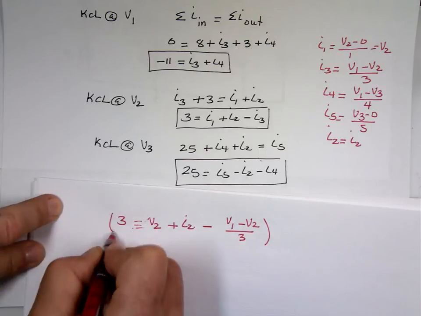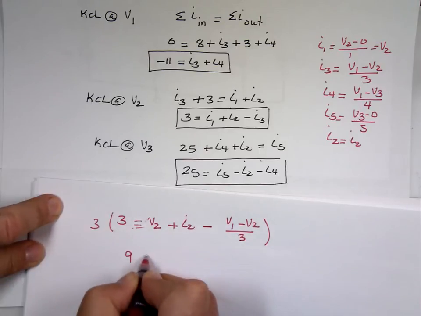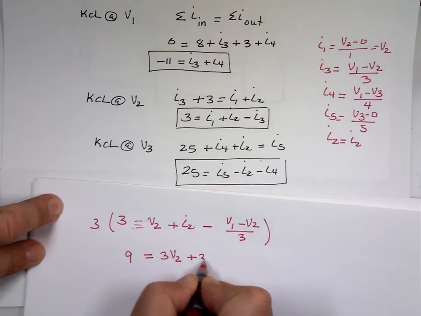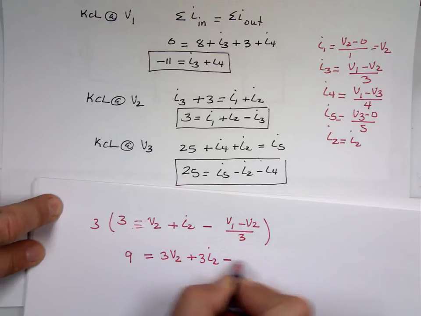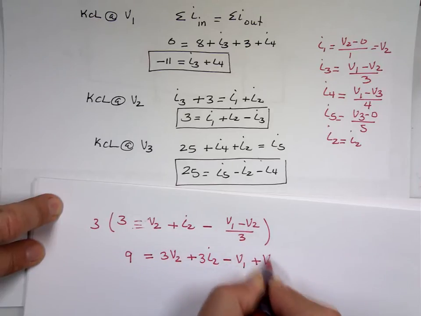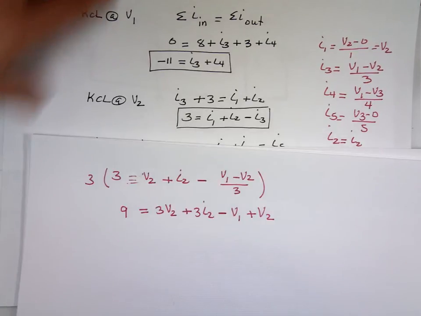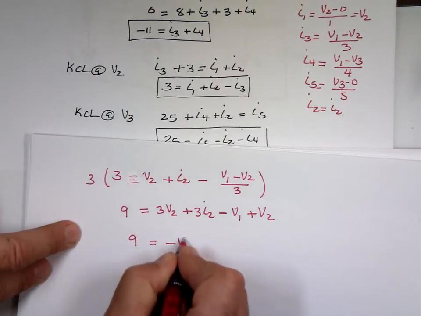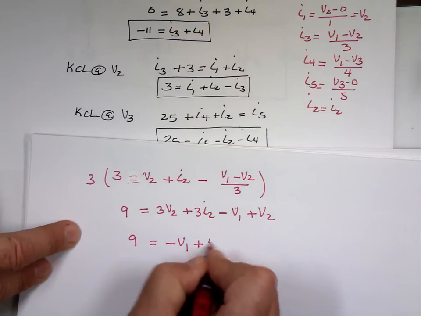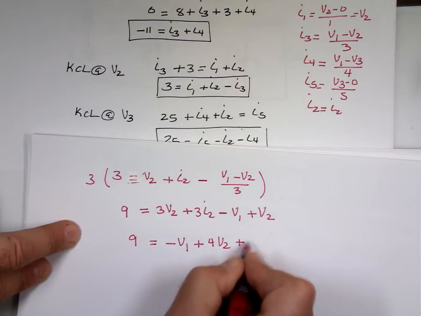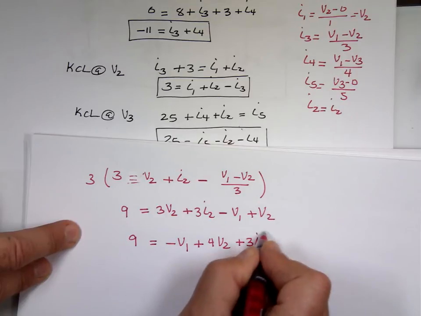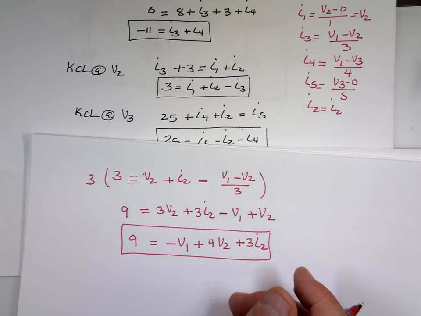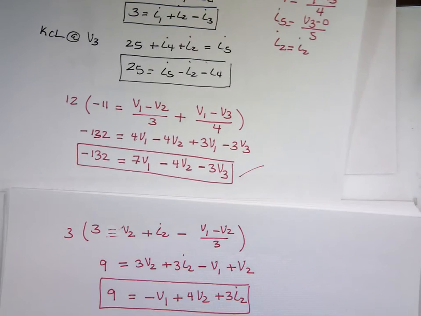Multiply everything by 3, you'll have what? 9 equals 3V2 plus 3I sub 2 minus V1 plus V2. Clean it: 9 equals negative V1 plus 4V2 plus 3I sub 2. That's not good. I'll figure it out.